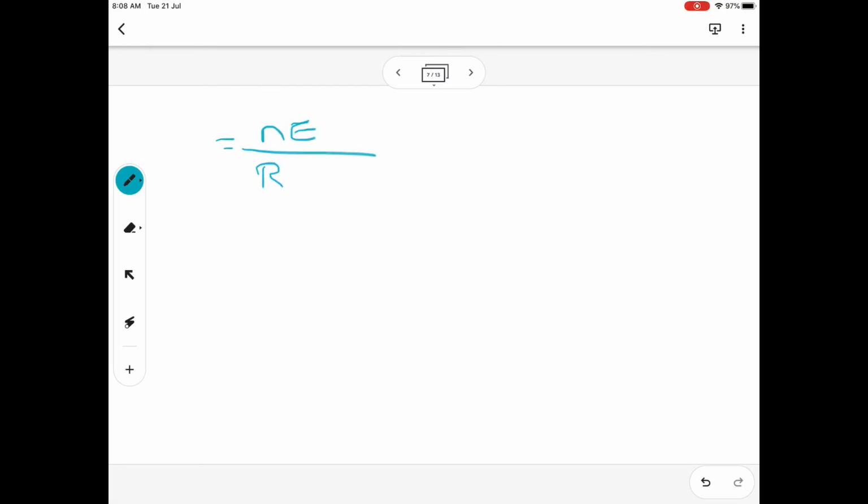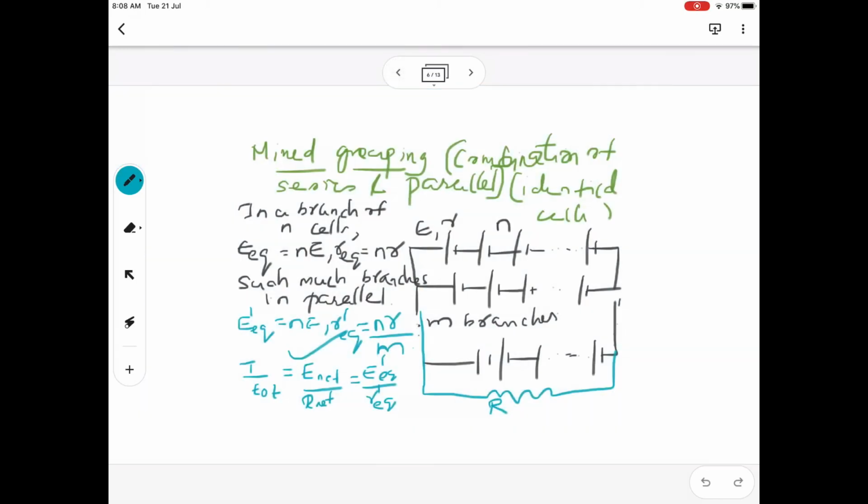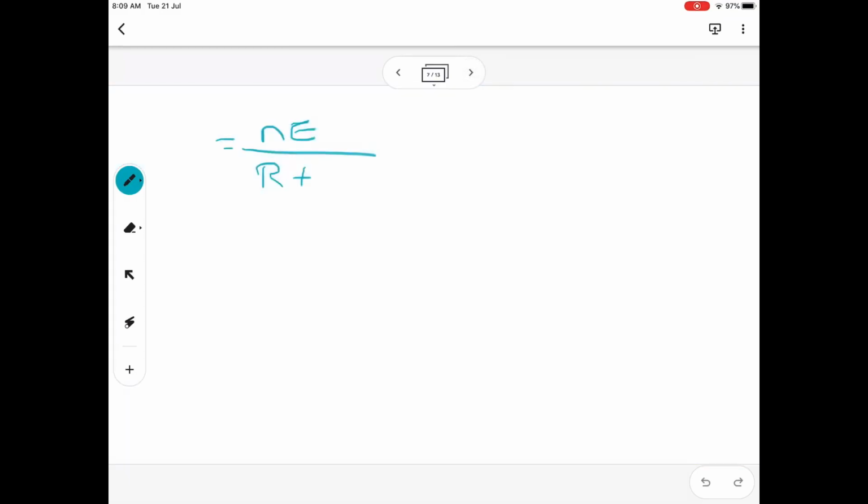So E equivalent dash is nE, substitute that, divided by the external resistor plus the net internal resistance over the branches, over the cells, that is R dash equivalent, which is n r by m.